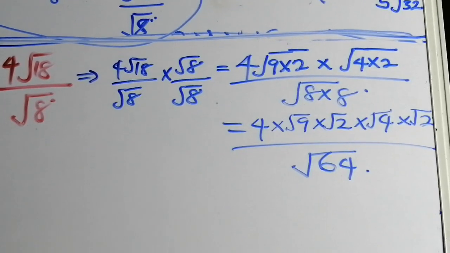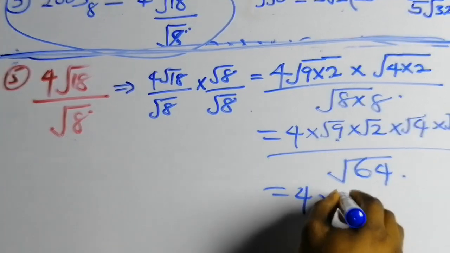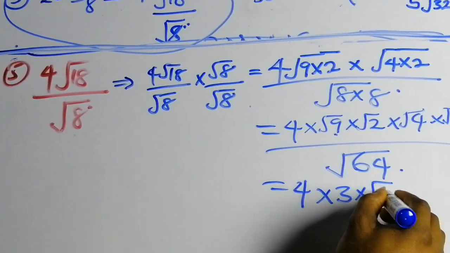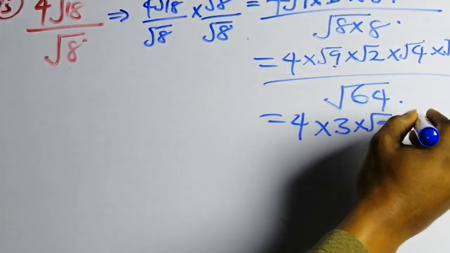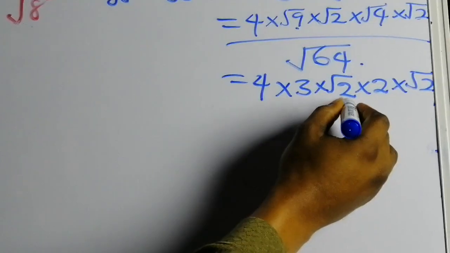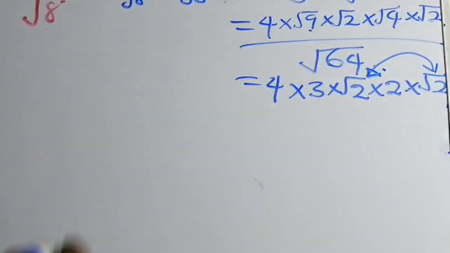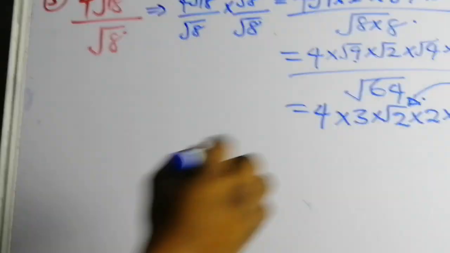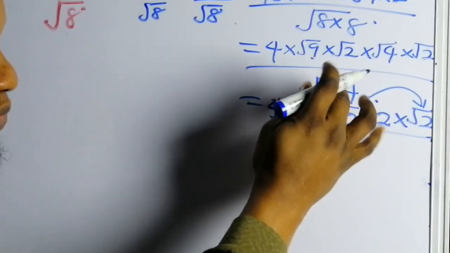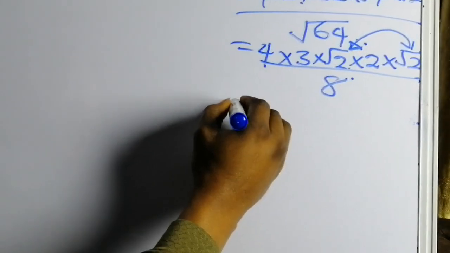From here I have 4 here. What is root 9? That is 3. Then I have root 2. What is root 4? That is 2. I have root 2. So I can combine this root 2 and root 2 by the multiplication law. Root 64, if you press your calculator, is 8.